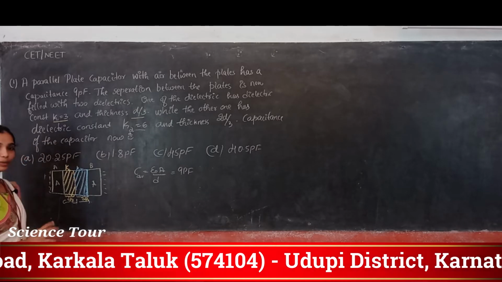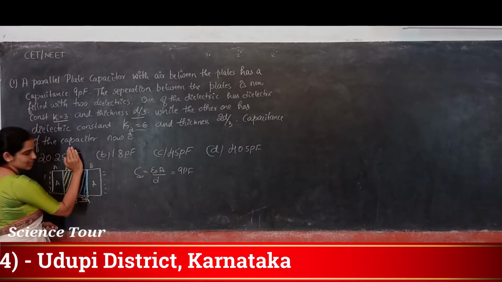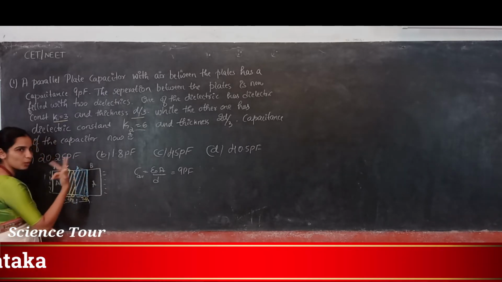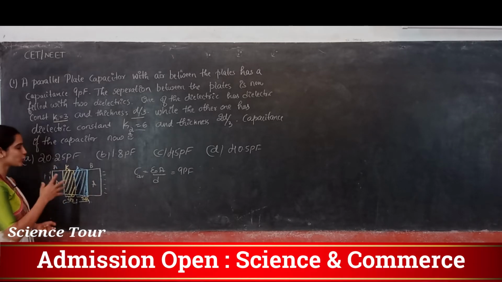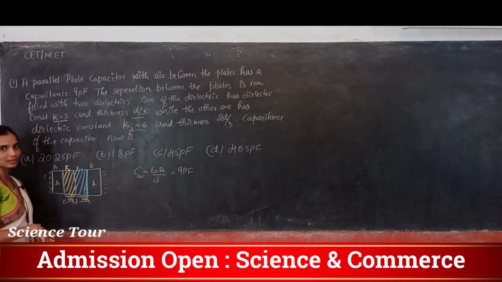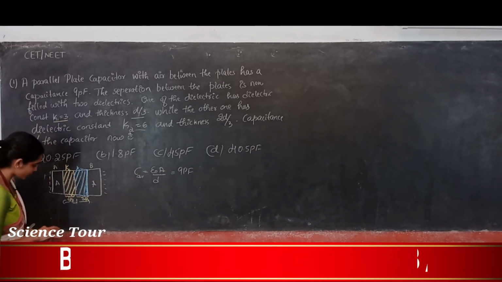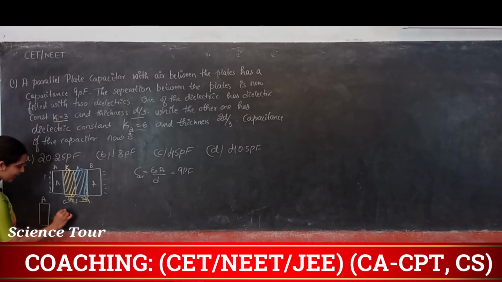Now what you have to do is assume, if only K1 exists, then what is the capacitance? If only K2 exists, then what is the capacitance? Then in the combination of K1 and K2, what is the capacitance? What is the combination of K1 and K2? That is series. Am I right? So now let me draw it separately. Here you have A, here you have B.